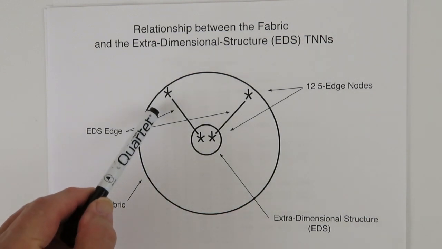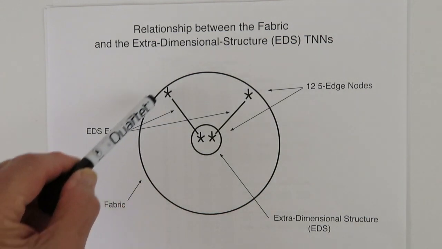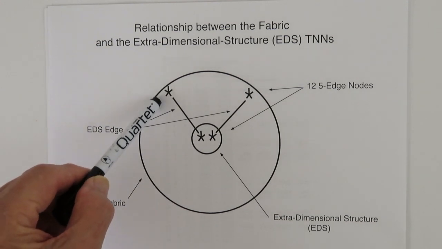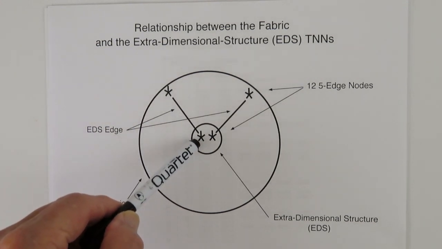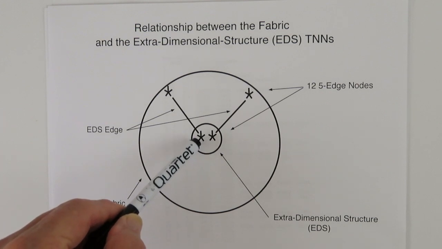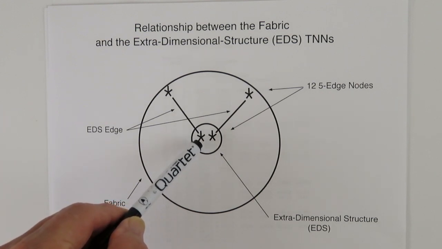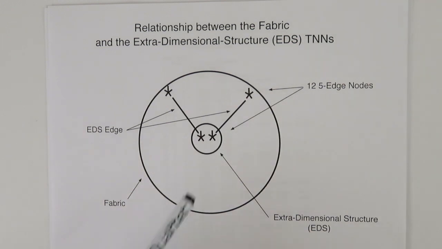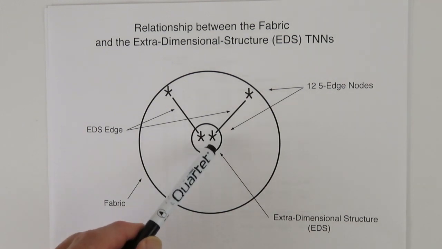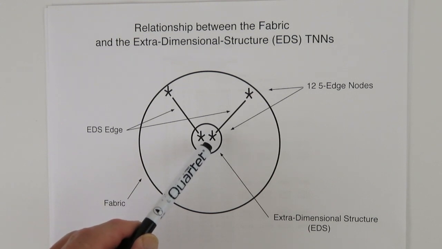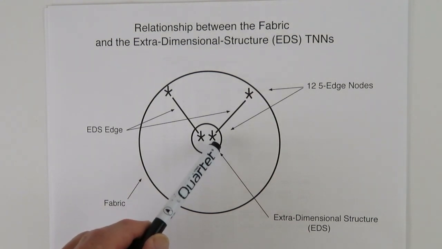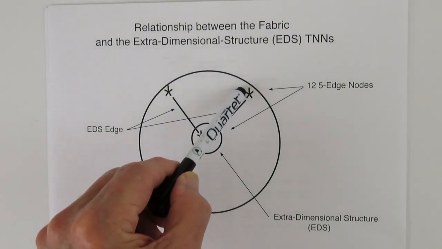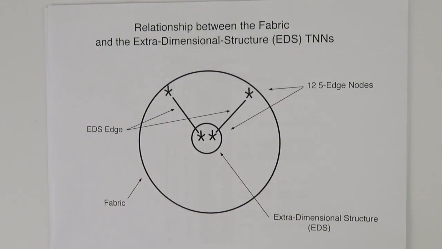So a signal entering from some random place where the 5-edge node happens to be on the fabric will come down into the EDS structure, where, because it's a triangular neighborhood network, signals will flow in a conventional fashion, and then for some reason or other the signal may leave the EDS and go back along the EDS edge to this particular 5-edge node.